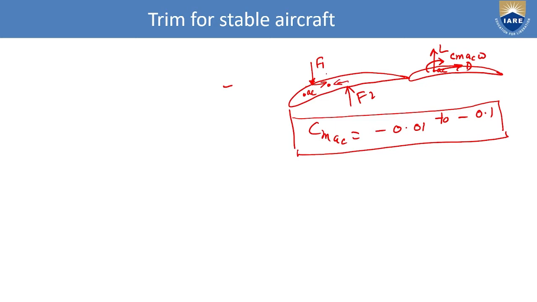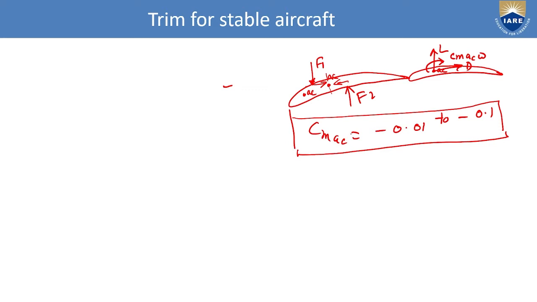So if we take this as AC, we transfer this moment to a new position here, and this CMAC is inherent in the cambered airfoil. At 0 angle of attack it will also be there, and the value of this CMAC will be 0.01 to 0.1.